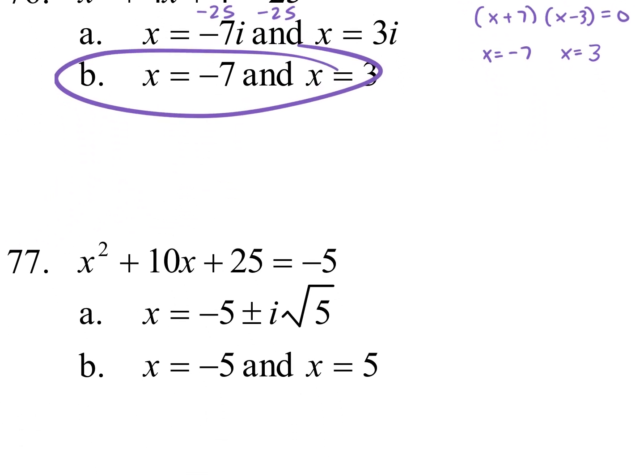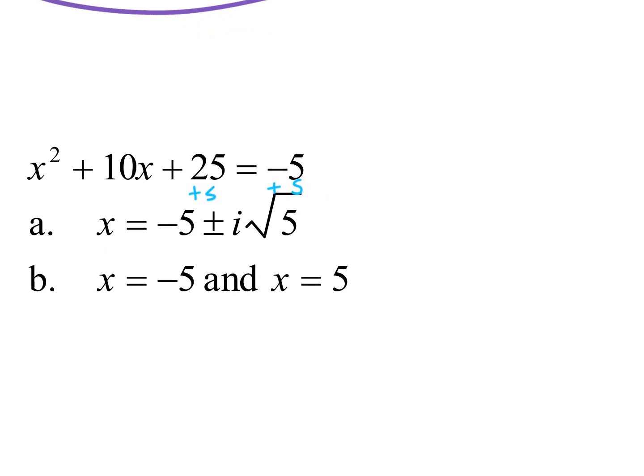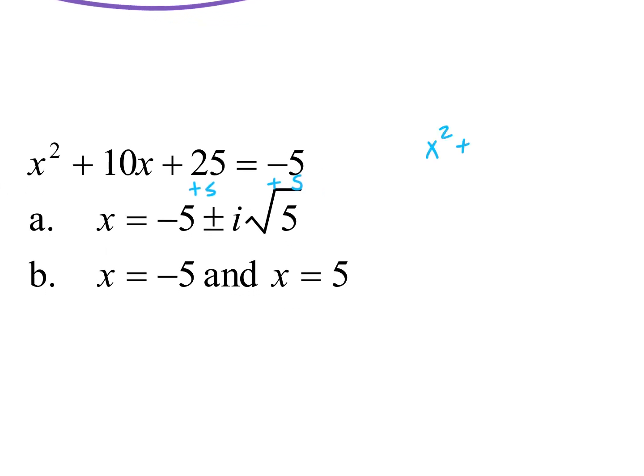All right, let's look at 77. What should I do first? Add the 5. So this would be x squared plus 10x plus 25 is equal to 0.